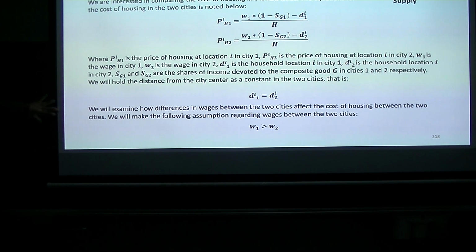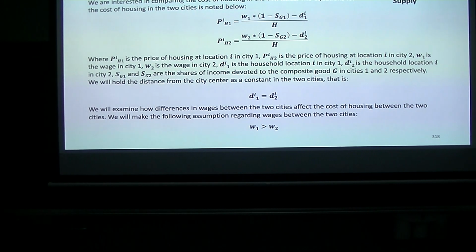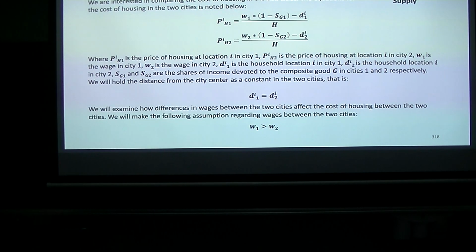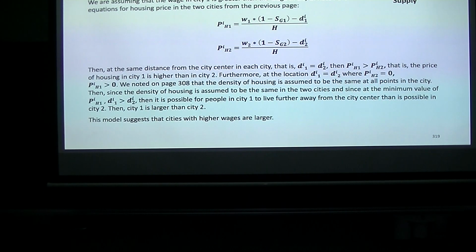So the very simple model, as I said, I want you to go through this. A very simple model that tells us a lot about some very clear basic economic patterns that we observe in urban areas.